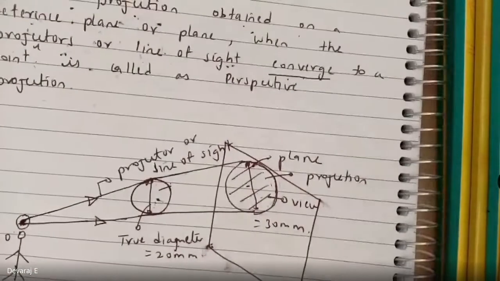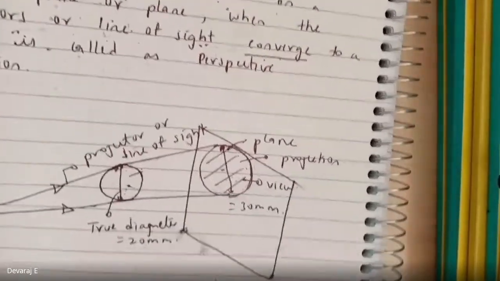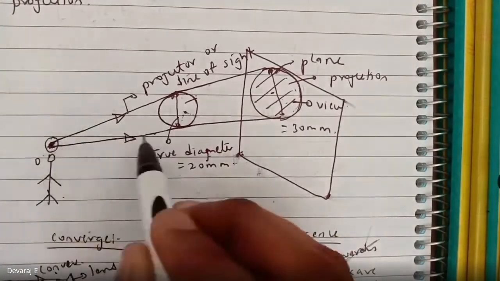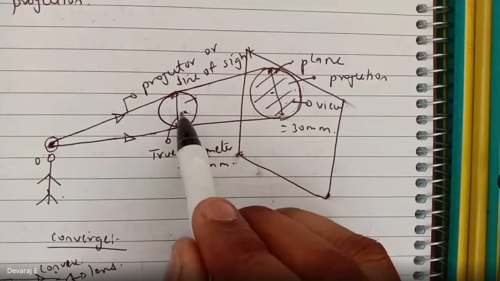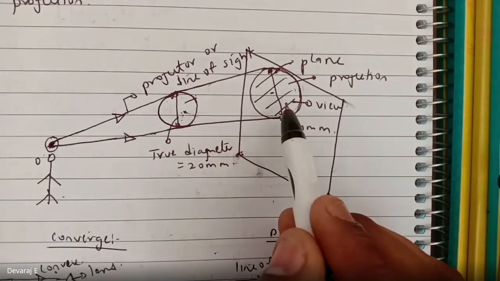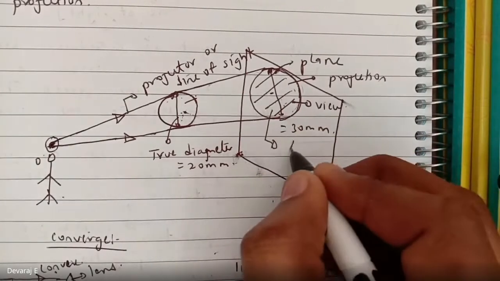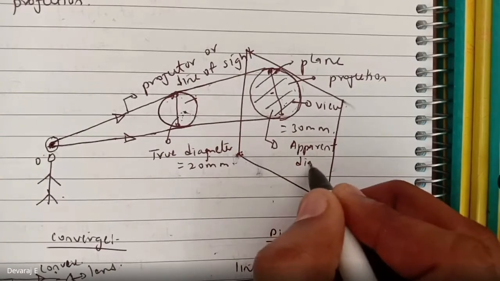So right now, try to understand the perspective projection. Here, when a line of sight is falling on the object, always remember the true shape will not appear in the plane. So this is called apparent diameter.